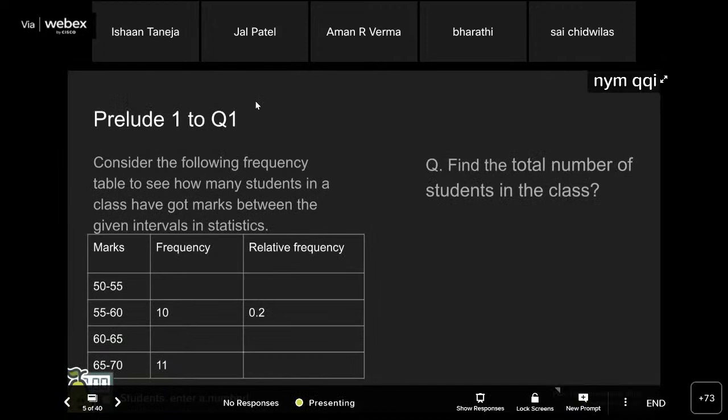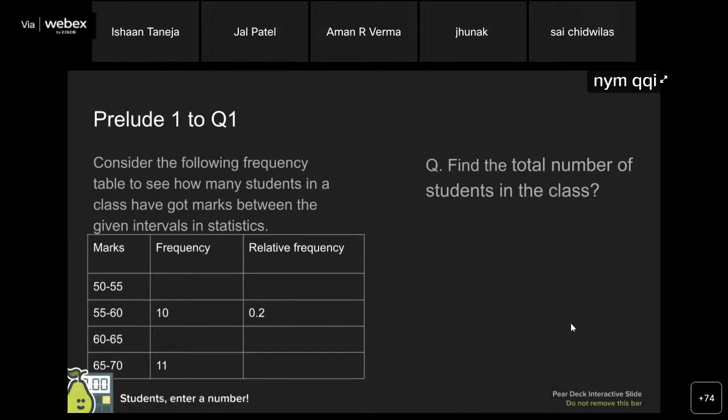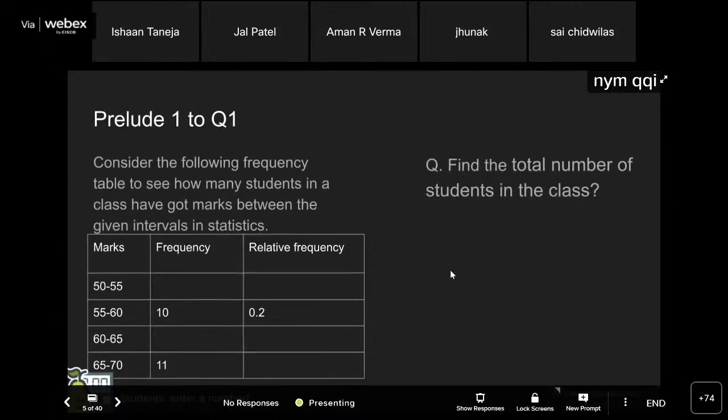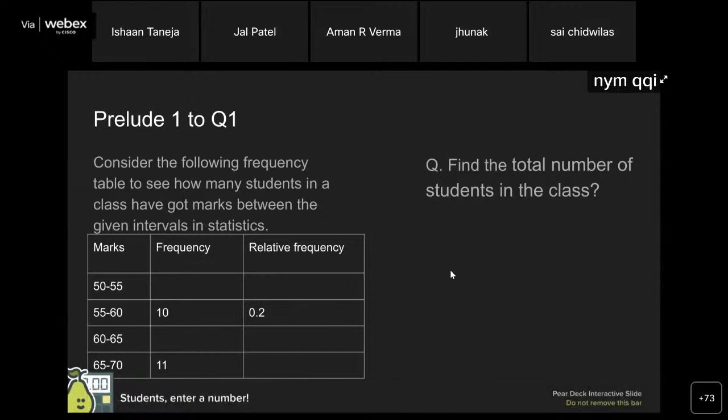So consider the following frequency table. You are given a table and your categories are a range of marks. So 50 to 55 is category 1, 55 to 60 is your second category, 60 to 65 is third, and 65 to 70 is the fourth category.